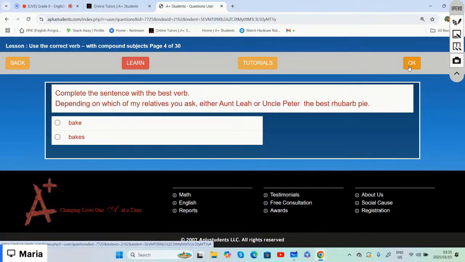Depending on which of my relatives you ask, either Aunt Leah or Uncle Peter makes the best rhubarb pie.